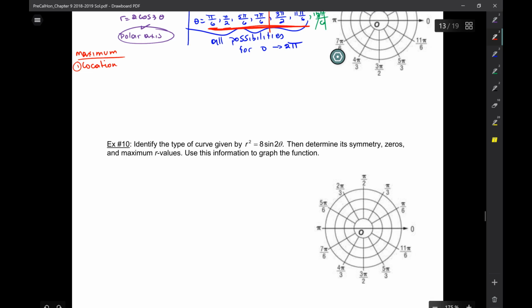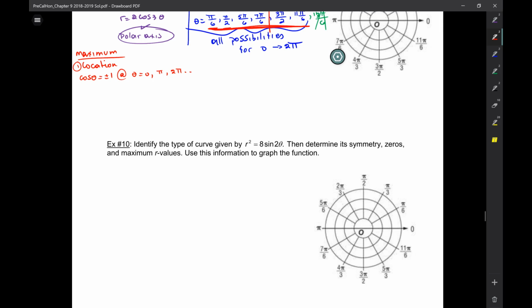And the location is, you ask yourself, okay, this is a cosine function. You ask yourself, cosine of theta is equal to plus or minus 1 at what theta? Well, at theta equals 0, pi, 2 pi, and so on, right?